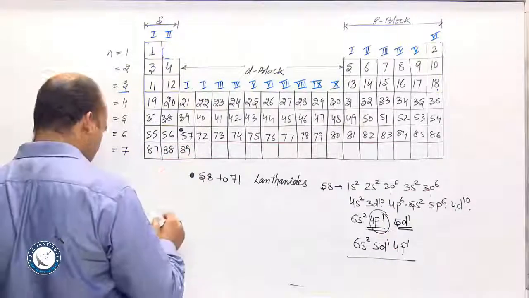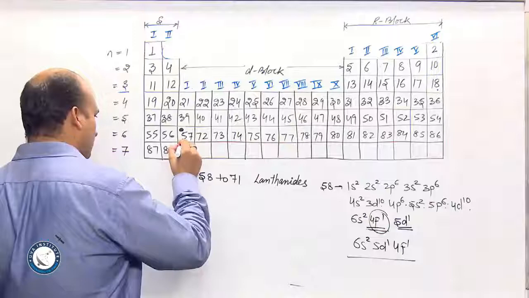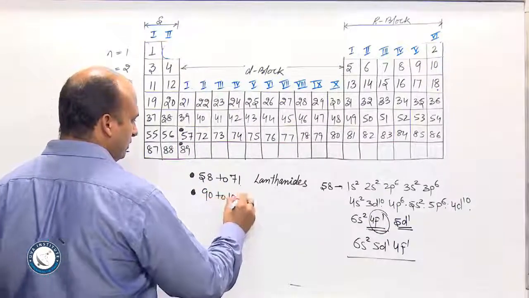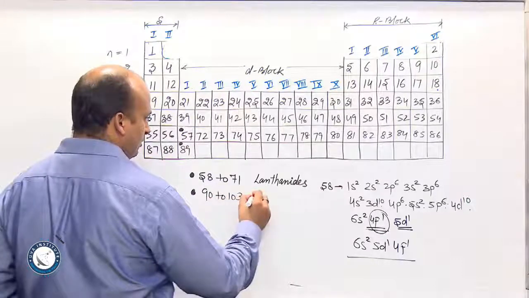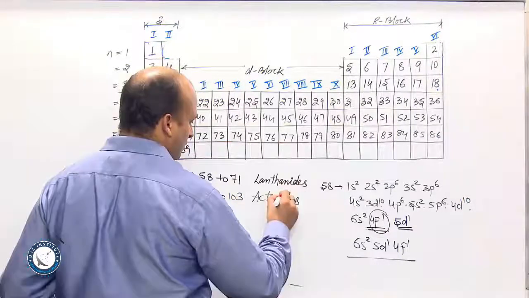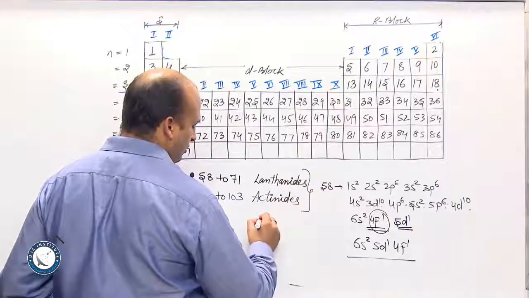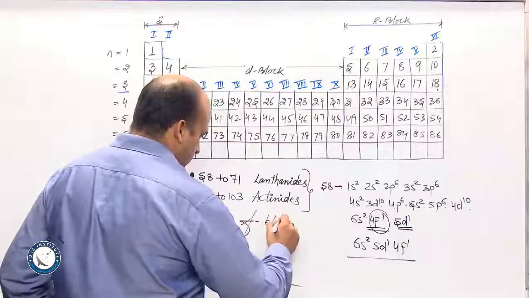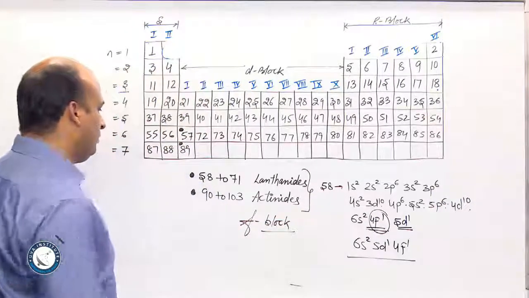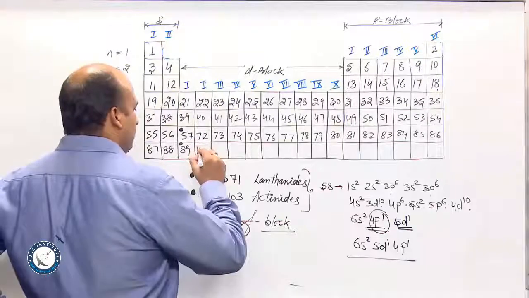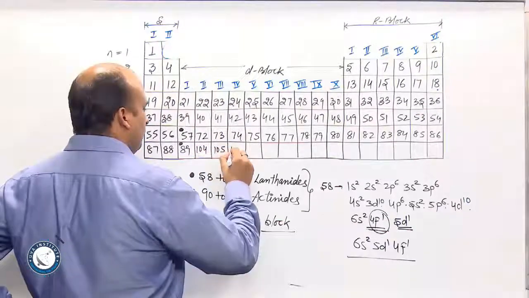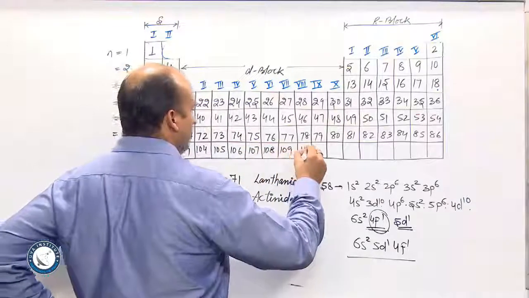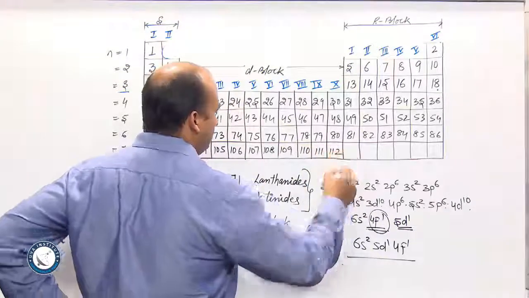Now in the same way, up to 103, they are termed as actinides, and this whole is termed as the F block. So this is 104, 105, 106, 107, 108, 109, 110, 111, 112.